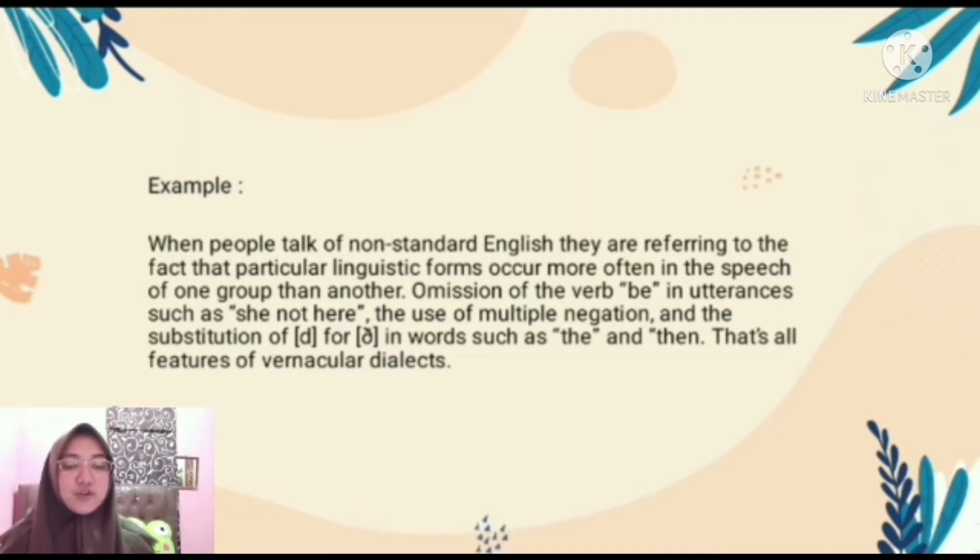Those are the features of vernacular dialects. I think that's all about my explanation of the introduction to language attitude and vernacular dialects. The next explanation will be given by my friend Noka Ramadona.